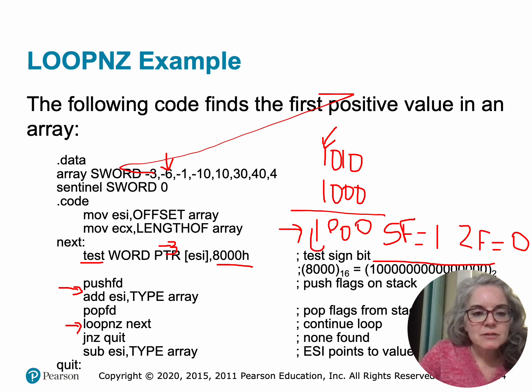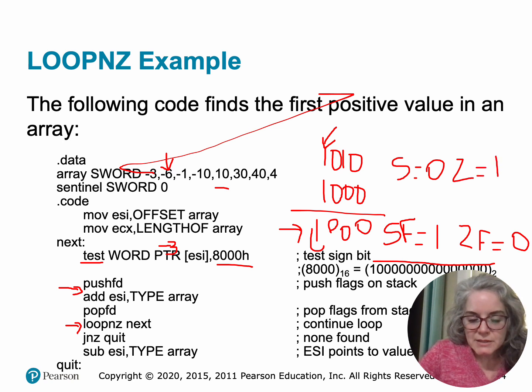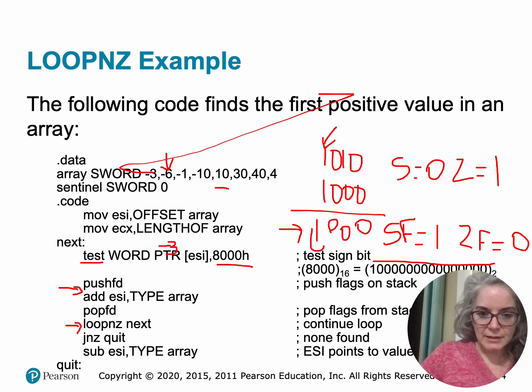And what the +10 is going to do is set the sign flag to 0, and it's going to set the 0 flag to 1. Okay? And because we set the 0 flag to 1, that means that this is a positive number.